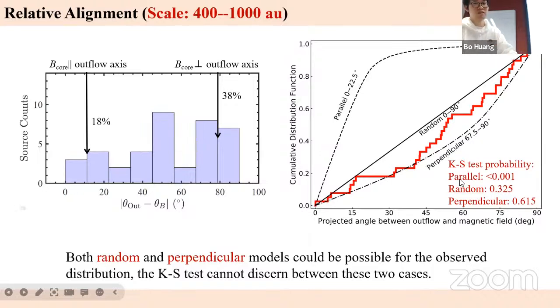We see for the parallel case, the KS test probability is less than 0.1%, for the random model it is 0.3, and for the perpendicular case it is 0.6. So both random and perpendicular models could be possible for this observed distribution. The KS test cannot discern between these two cases.